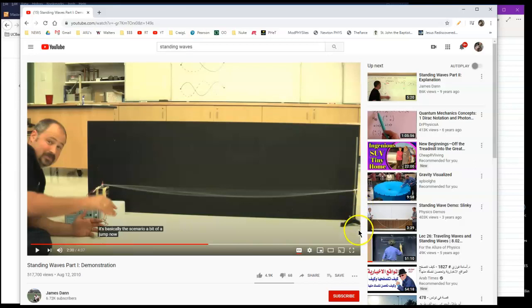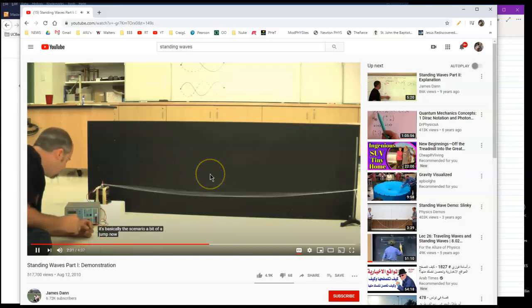You are adding or subtracting masses, basically varying the tension in the wire, and that variation of tension gives you a different standing wave. You see what I'm saying? Here, on the other hand, his setup has this oscillator, and he's varying the frequency of the oscillator. You see what I'm saying? That's the main difference between our experiment and his demo. But his demo is fine.